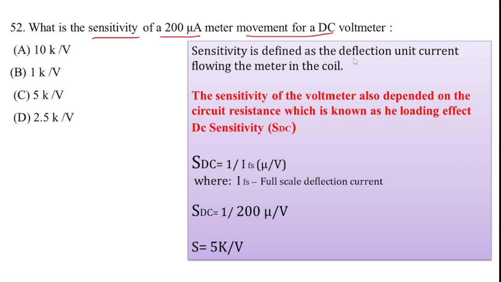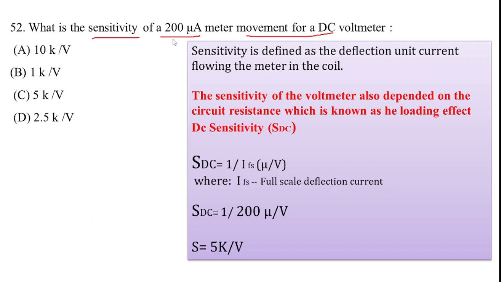Sensitivity is defined as the deflection per unit current flowing through the meter coil. The sensitivity of the voltmeter also depends on the circuit resistance, which is also known as the loading effect. DC sensitivity, SDC, is calculated using this formula: SDC is equal to 1 upon IFS, where IFS means full scale deflection current.